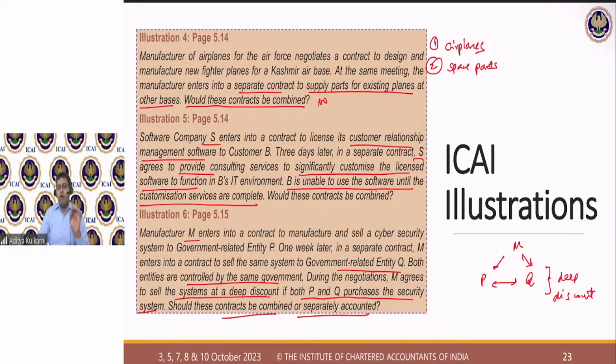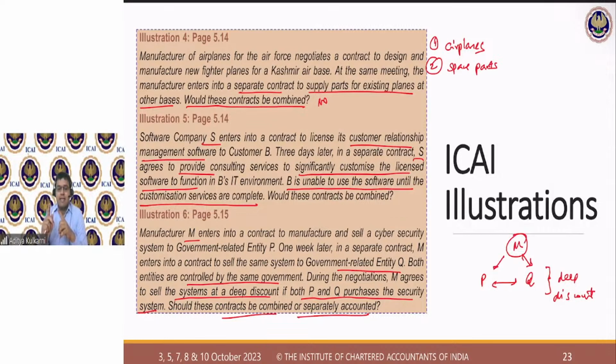That means for the manufacturer M, when he's selling the product to both P and Q, in the back of M's mind, both of them are negotiated as a single commercial objective, and therefore he is able to give a deep discount. That is why both conditions are met, and therefore it makes sense to combine these contracts.